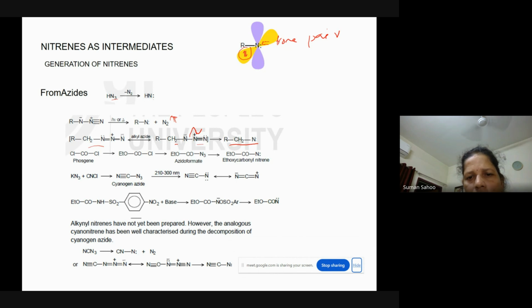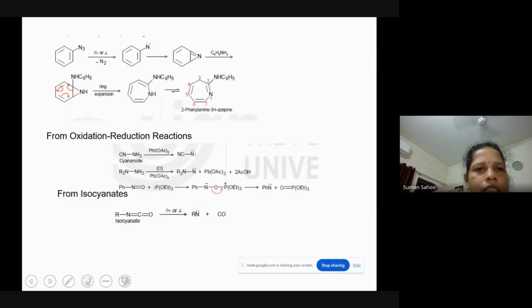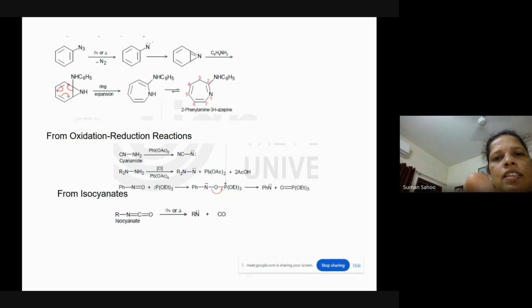Mostly in presence of light or thermal decomposition, you get your nitrenes. In this case also, that is benzyl azide, as soon as the nitrene is formed, that immediately gets added to this benzene ring. And then you can attack it through your aniline, and ring expansion occurs.